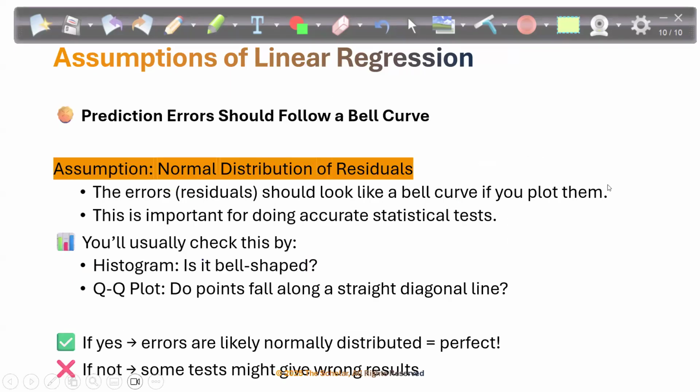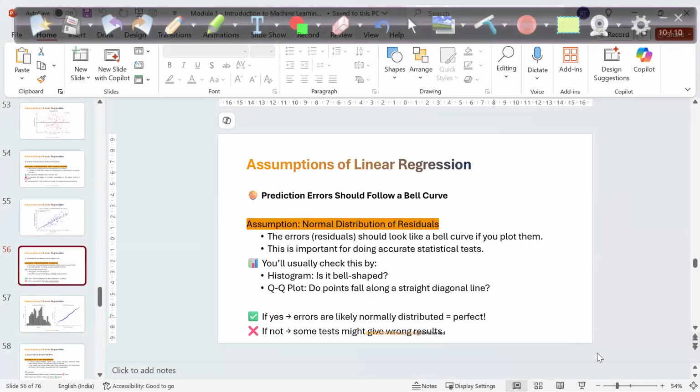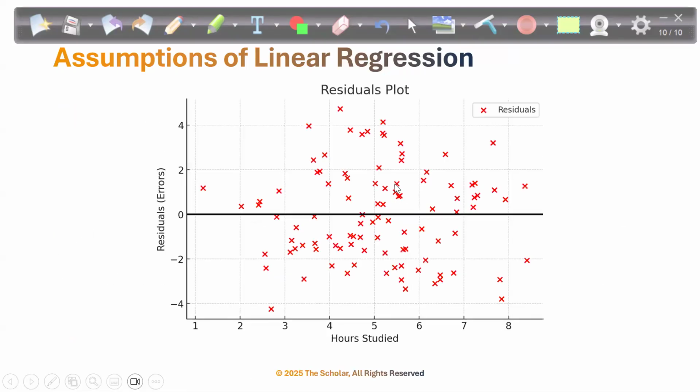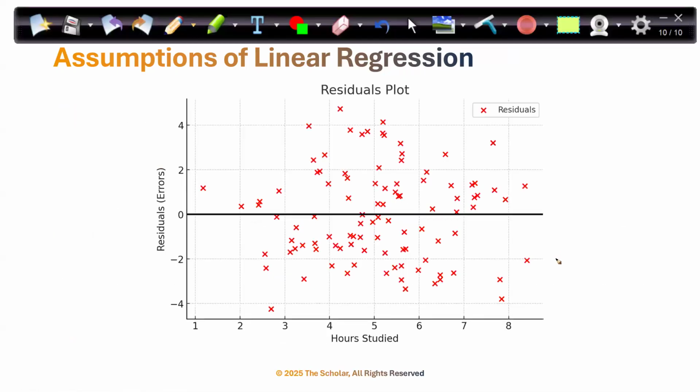Okay. Now, next one is prediction error should follow a bell curve. Very interesting. For this, I will be going back to this plot, right? In this particular plot, can I say that the majority of my errors are around zero, with a bit of scatter, which I was expecting?